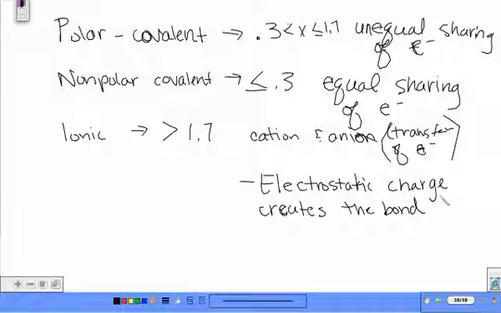So then you might have to determine the type of bond. So let's say you have a sulfur and chlorine bond. You look up your values. I have this one written down. So 3.0 and 2.5. So what kind of bond would that be? Polar covalent.